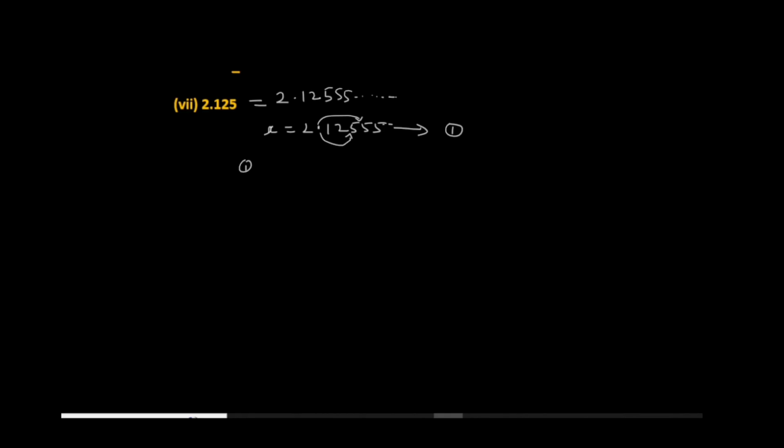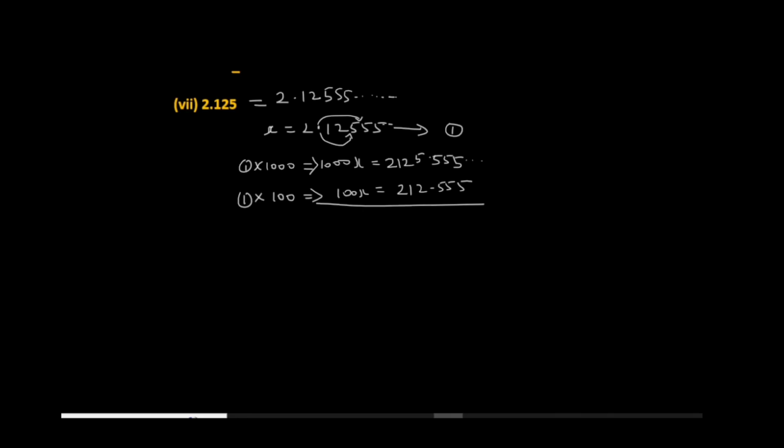So 1 into 3 digits means 1000, so 1000x is equal to 2125.5555 etc. And the first equation into 2 decimals means with 100, so 100x is equal to 212.555. Now we arranged our decimals. So when we are subtracting, all the decimals will cancel. Only we are having the integral part.